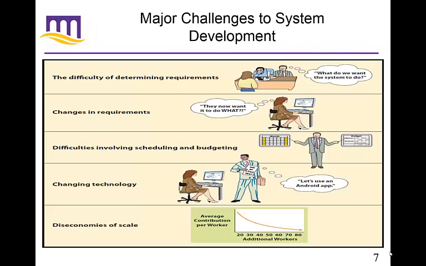Well, number one is the difficulty in determining the requirements. Now, you might be saying, well, why is this a big deal? Well, think about this. If you're developing a system that is going to incorporate hundreds of employees in the organization, how can you develop this system to make sure that these 100 employees all can still get their job done?